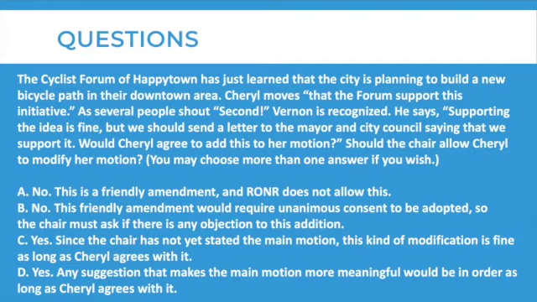C, yes, since the chair has not stated the main motion, this kind of modification is fine, as long as Cheryl agrees with it. D, yes, any suggestion that makes the main motion more meaningful would be in order as long as Cheryl agrees with it. So make sure you read correctly what happened in this specific scenario, not what you have experienced.